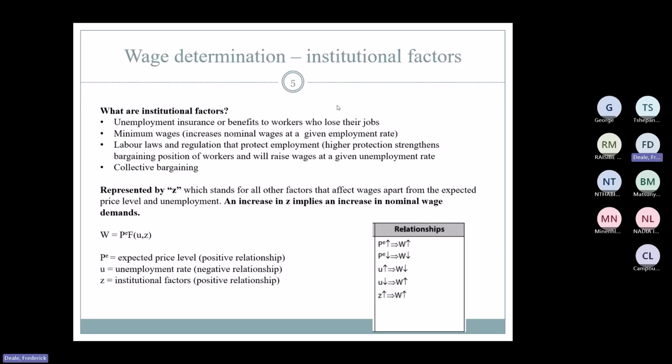Then another factor influencing what you can ask for in wages is what we group together as institutional factors. We represent this as Z, but institutional factors is basically everything else that's not prices or the unemployment rate that affects the bargaining power of employees. That's things like unemployment insurance.